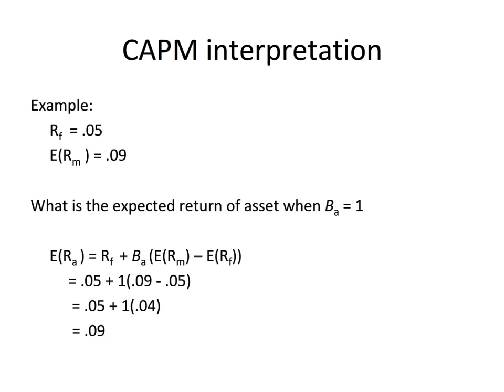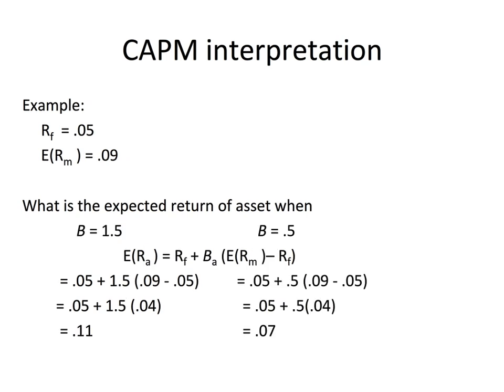We have a 5% rate of return on our risk-free asset plus 1 times the difference between the market portfolio expected return and the risk-free rate, or 4%. This asset would have an expected return equal to 9%, the same as the expected return on the market, because that asset contributes the same amount of risk to the portfolio as does the market portfolio.